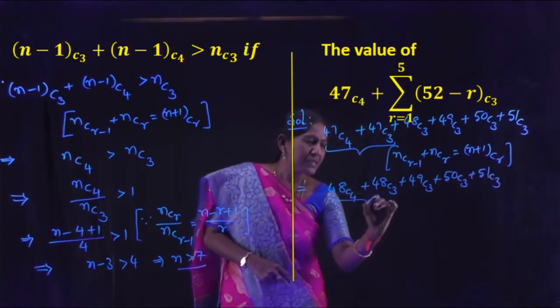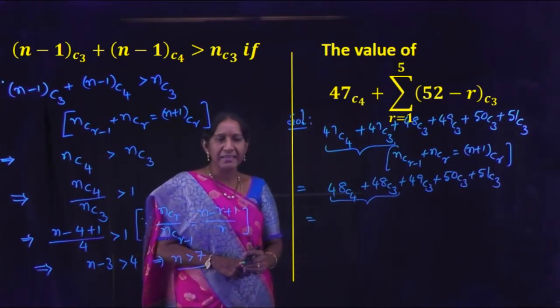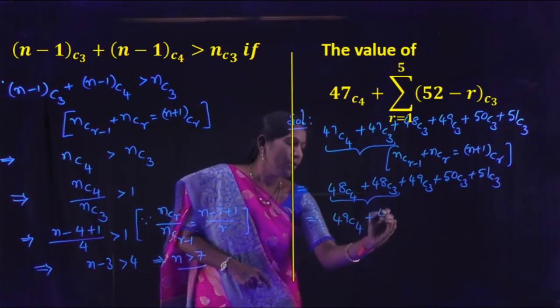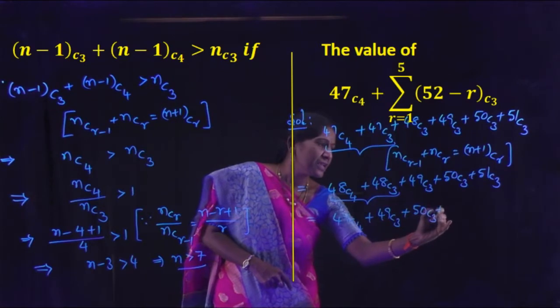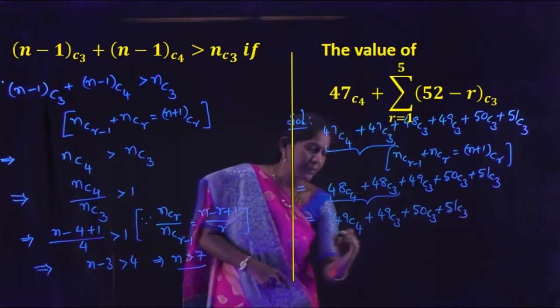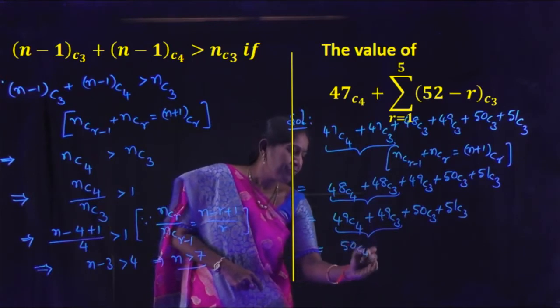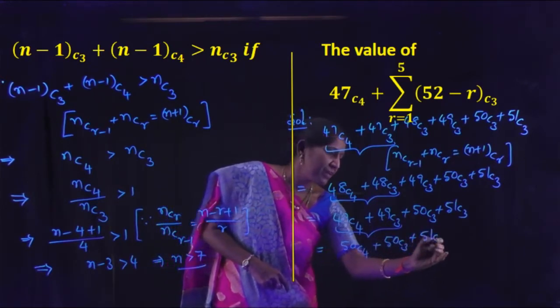Again we can apply the same formula for 48C4 plus 48C3. Then it is 49C4 plus 49C3 plus 50C3 plus 51C3. For these two we can apply the same formula: 50C4 plus 50C3 plus 51C3.